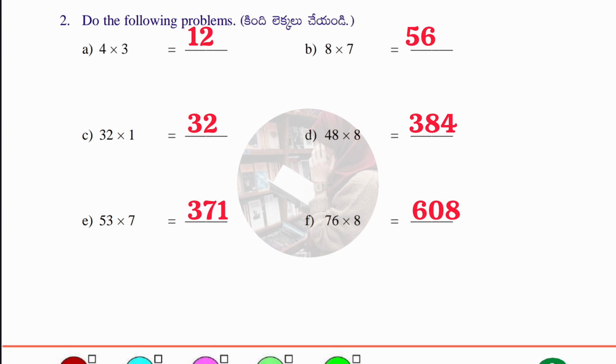Next, 48 multiplied by 8, 48 8s 384. Next, 53 multiplied by 7, 53 7s is 371. Last one, 76 multiplied by 8, which is 608. Understood, guys?